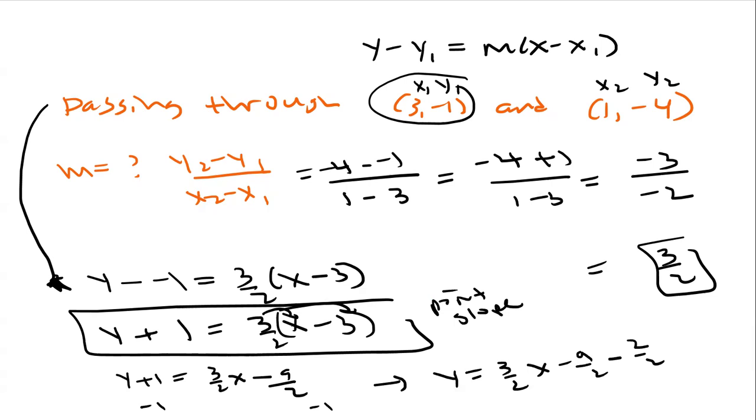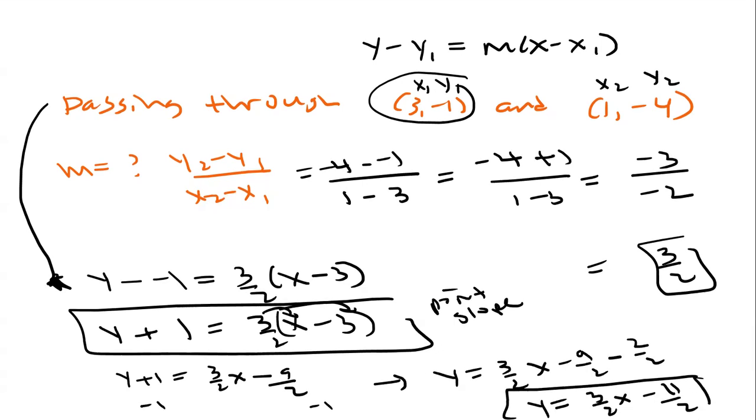Okay, so that's going to give us y is equal to 3 halves x minus 11 over 2. So that would be our answer if it was in slope-intercept form. So if they want slope-intercept form, then this will be our answer.